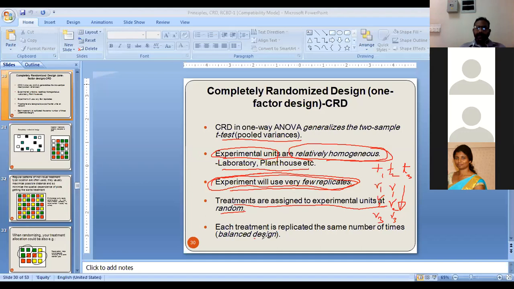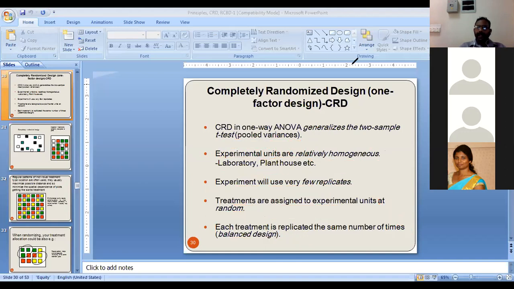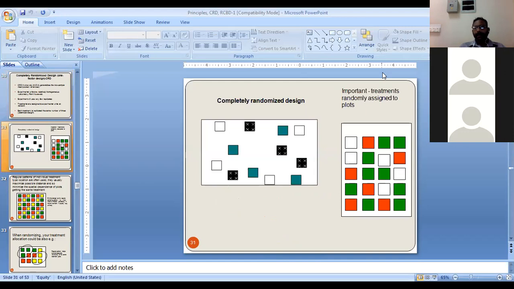Each treatment is replicated with the same number of replicates, so it is called a balanced design. Last time I mentioned what a balanced design is, right? Can you remember what a balanced design is? If all the treatments are appearing in a single block, it's called a balanced design.